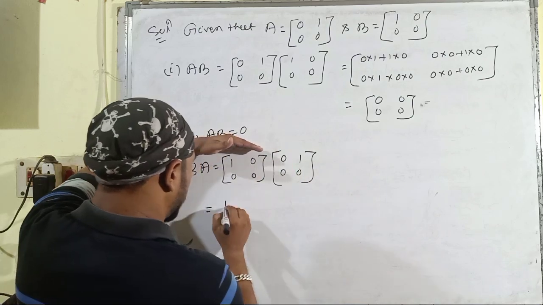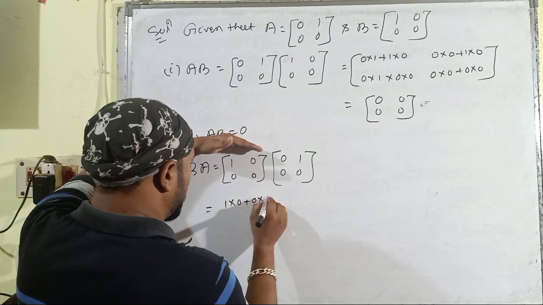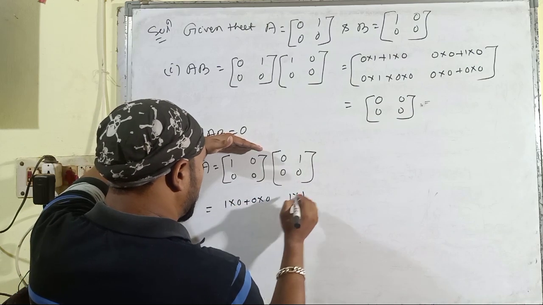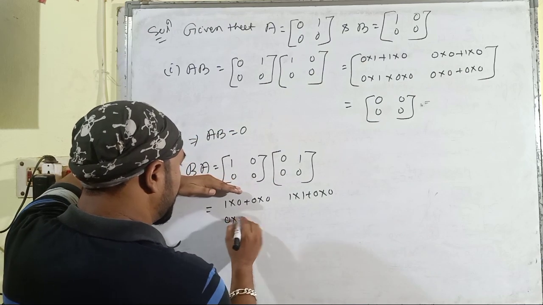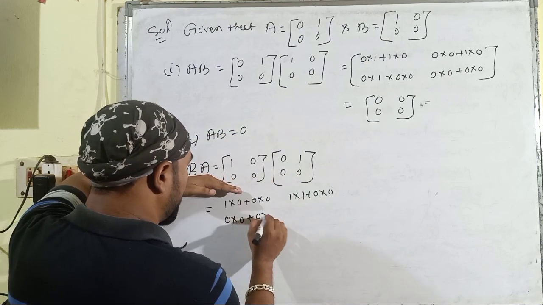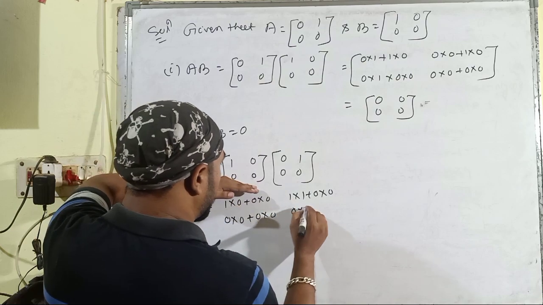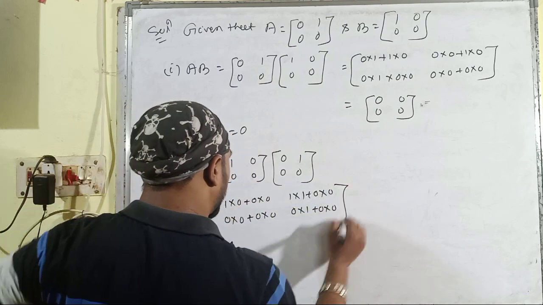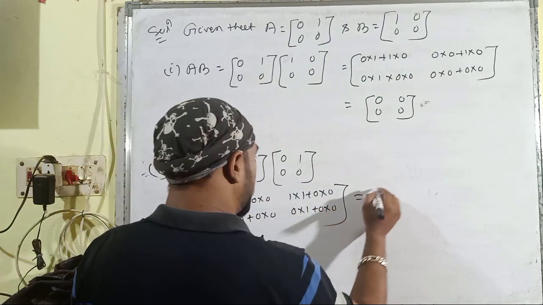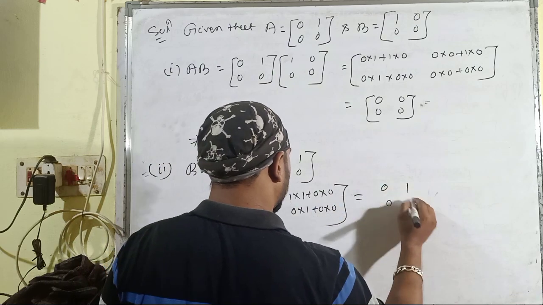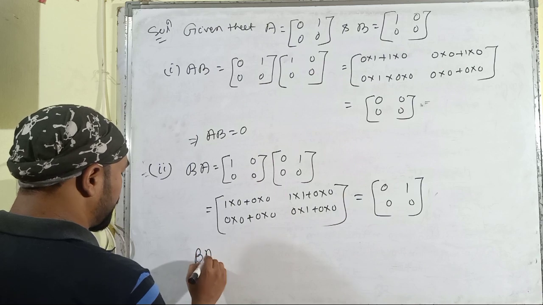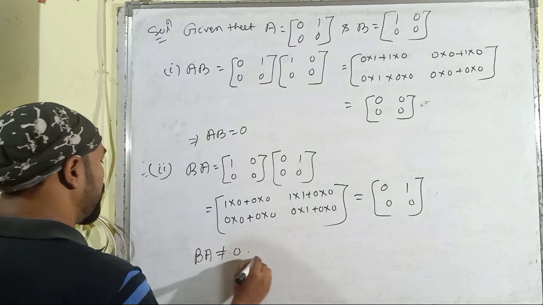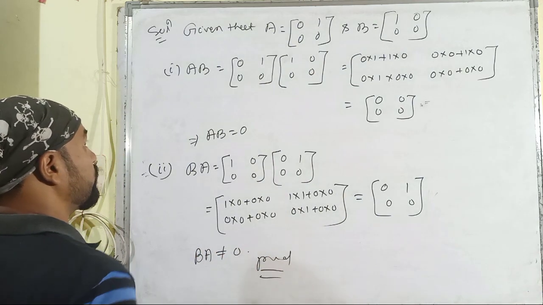Multiplying these two: 1 multiplied with 0 plus 0 multiplied with 0, then 1 multiplied with 1 plus 0 multiplied with 0, then 0 multiplied with 0 plus 0 multiplied with 0, then 0 multiplied with 1 plus 0 multiplied with 0. It will be [0, 1; 0, 0], which is not a zero matrix or null matrix. That means BA is not equal to 0, and here it has been proved.